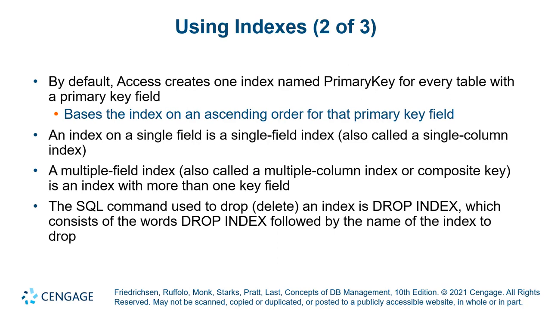But if we didn't have a field like that, we could create a composite key that is the primary key, where we distinguish unique records by using both their first name field and their last name field, right? Separately, they may not create unique values.